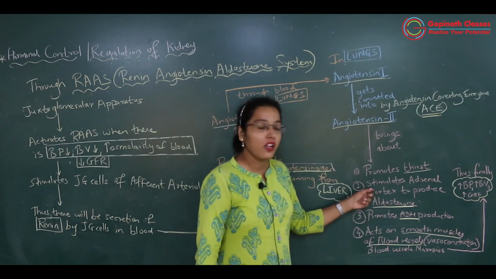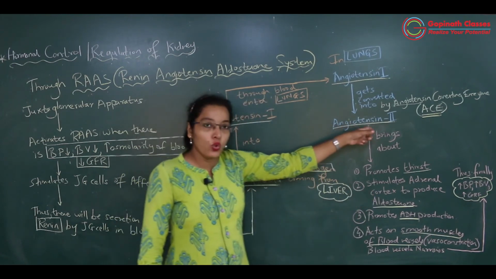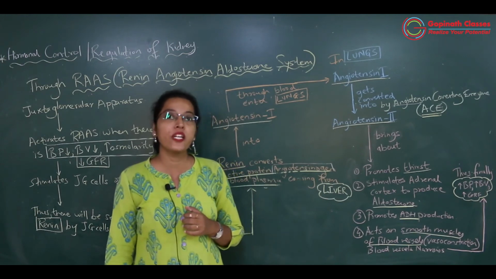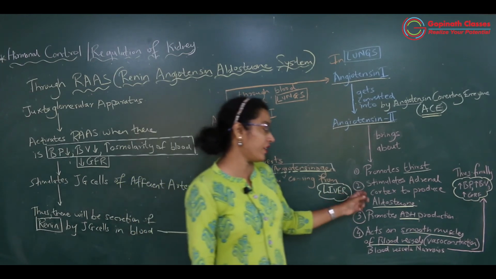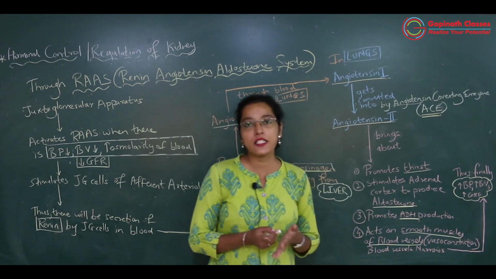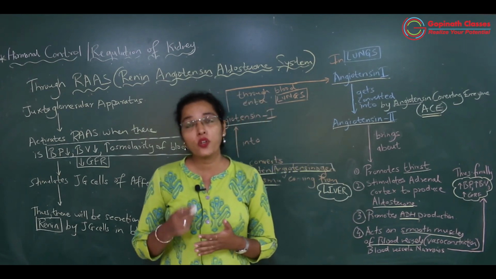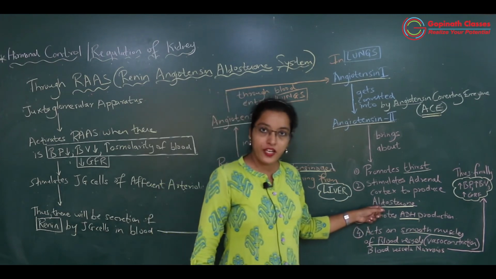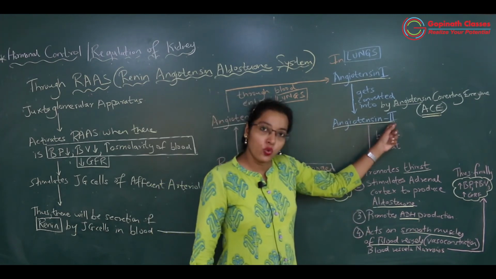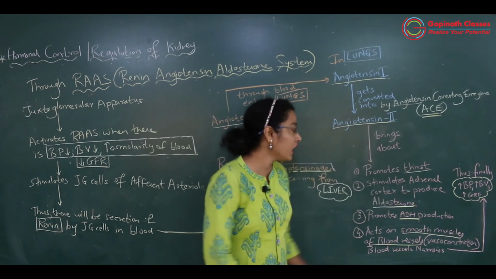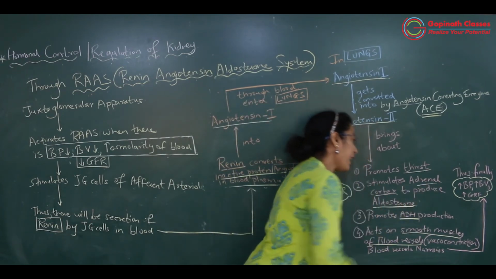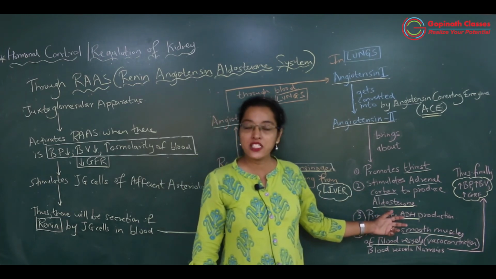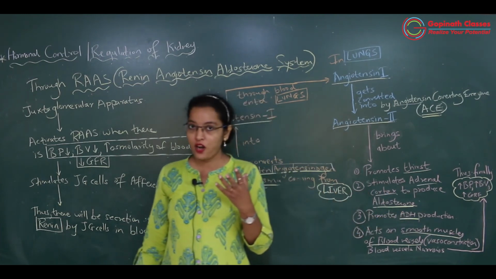Then this angiotensin 2 will also bring about reabsorption of sodium ions and water. Sodium ions and water का reabsorption कौन सा हार्मोन स्टिमुलेट करता है? एल्डोस्टेरॉन. So angiotensin 2 will act over the adrenal cortex of adrenal gland, and thus adrenal gland will start producing aldosterone.